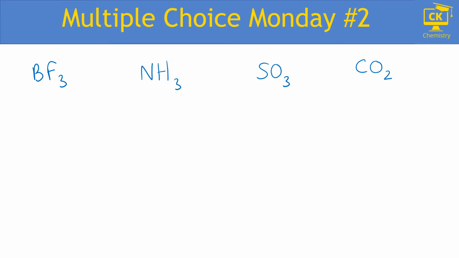I'm then going to look up the groups of each of these different atoms. Boron is in group 3, fluorine is in group 7, and there are 3 of them. Nitrogen is in group 5. Hydrogen we can say is basically in group 1. There are 3 of them. Sulfur is in group 6. Oxygen is also in group 6. There are 3 of them. Carbon is in group 4 and oxygen is in group 6, and there are 2 of them.